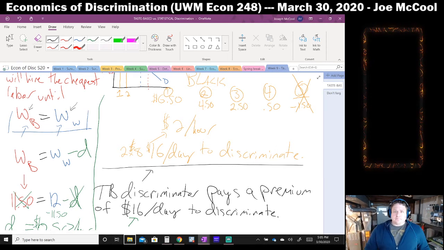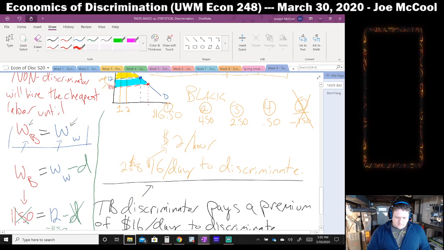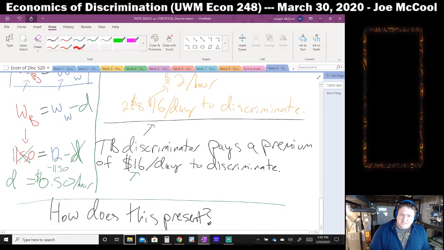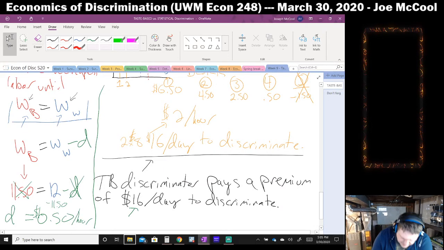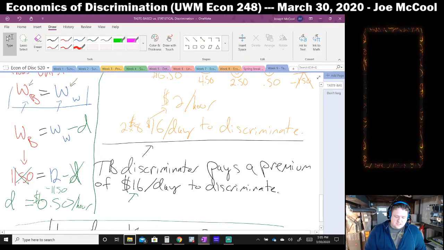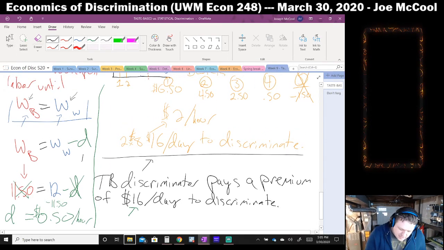The assumption they're making is basically this taste-based discrimination model, that market forces will eventually make these WB wages into these WW wages. So they would expect this to happen, and largely because this discrimination coefficient is harmful to businesses.